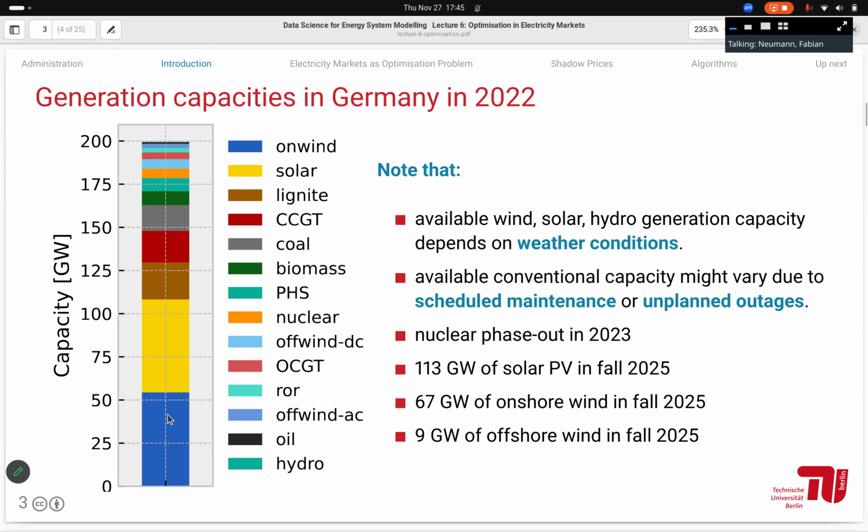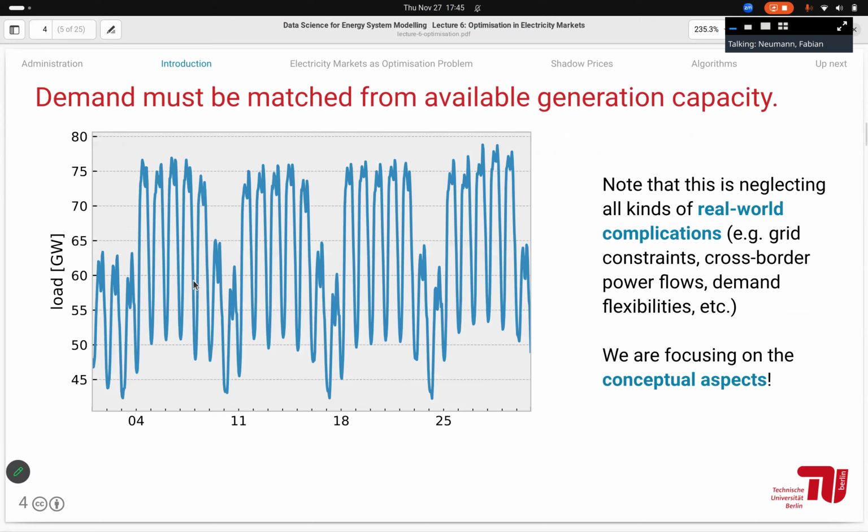So this is a very static view. We have this bar basically changing with the weather conditions and also with the availability of conventional capacities. And that's the supply side. On the demand side, we have time-varying demands, which must be met with the available generation capacity at any point in time.